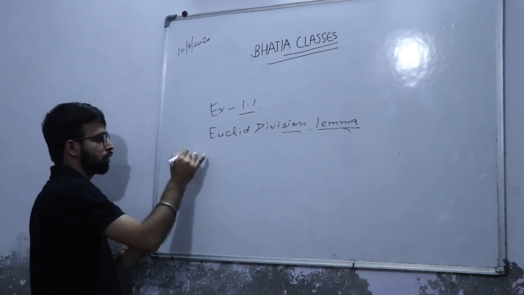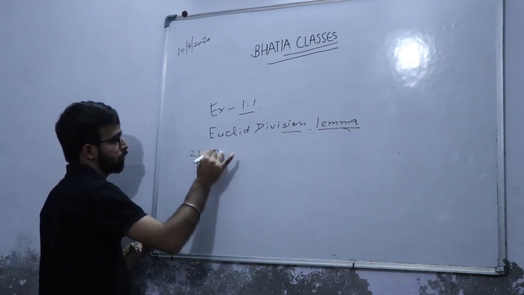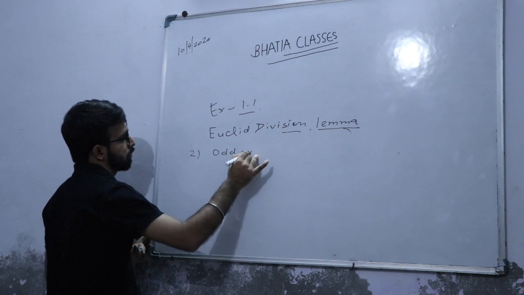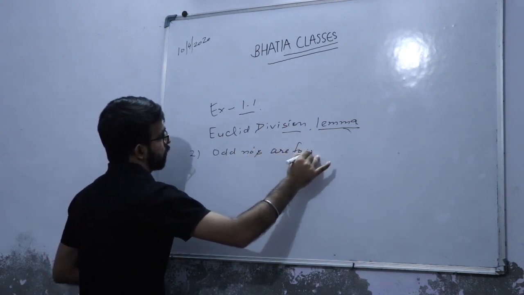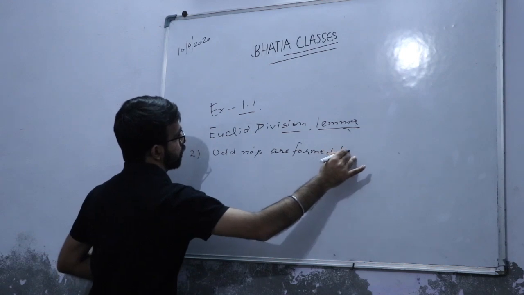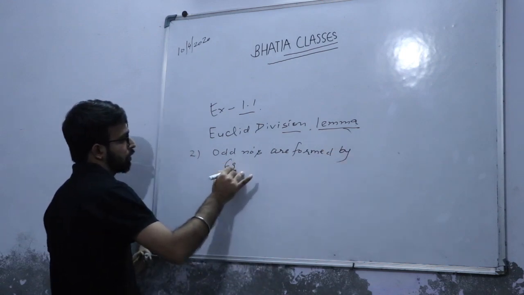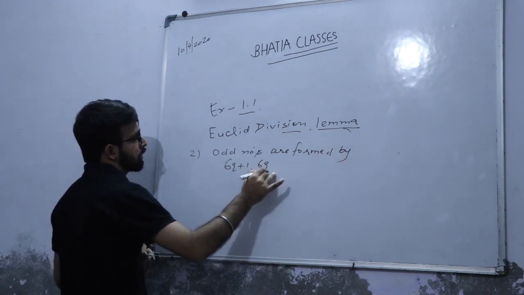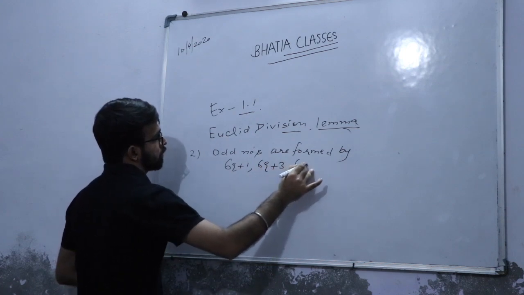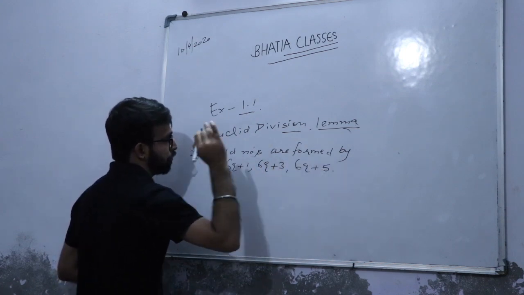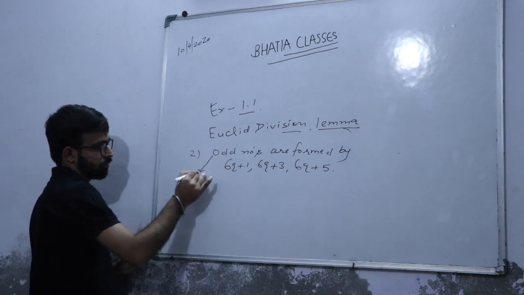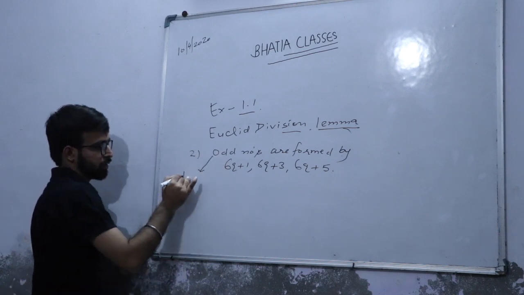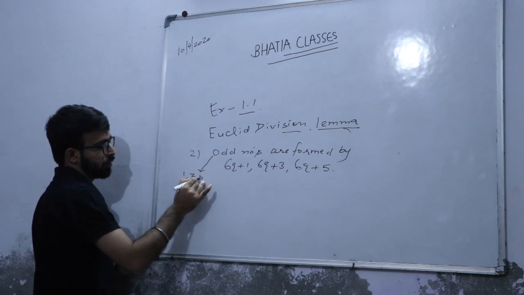As written in your book, in second sum, odd numbers are formed by 6k plus 1, 6k plus 3, 6k plus 5. First, what are odd numbers? Which are not divisible by 2. For example, 1, 3, 5.